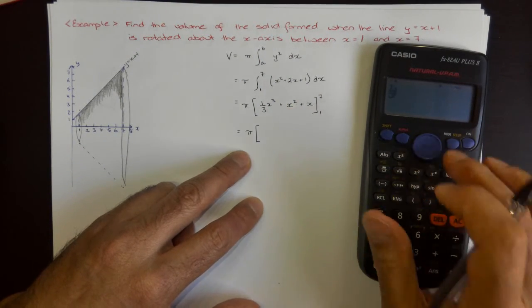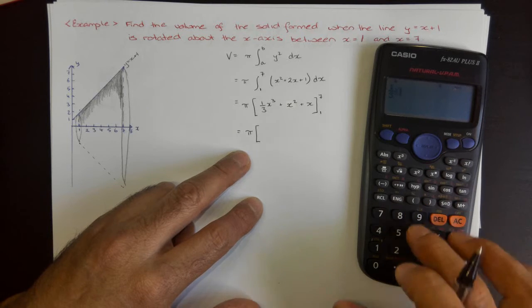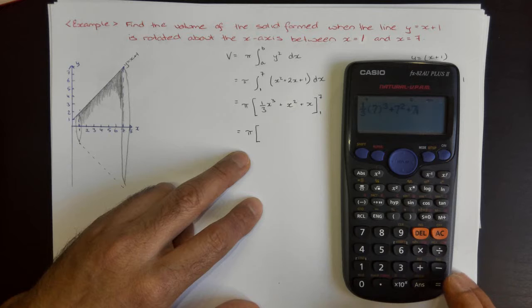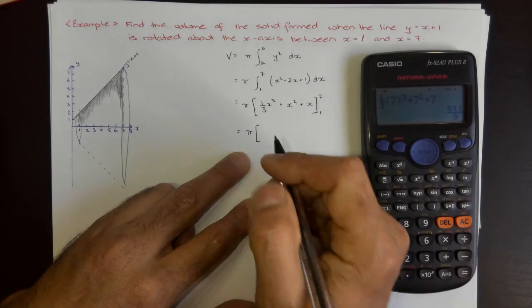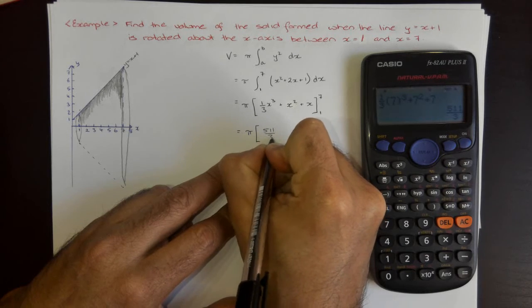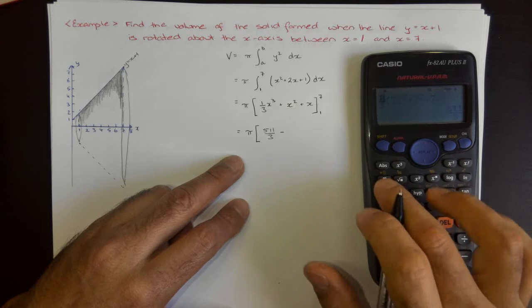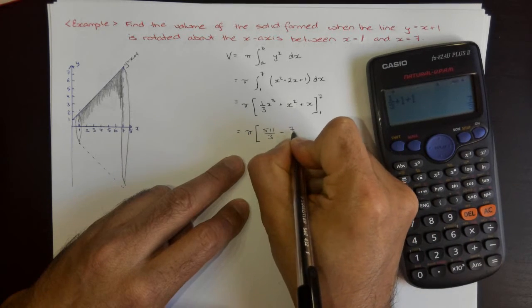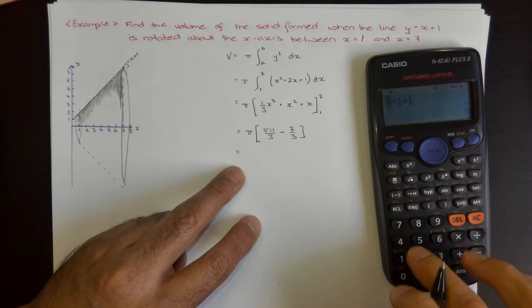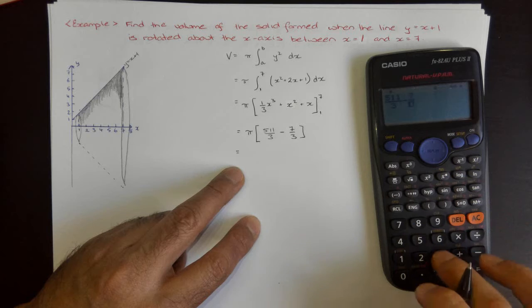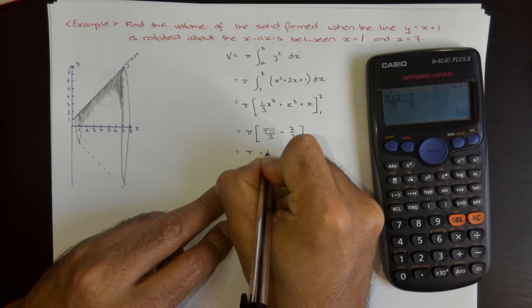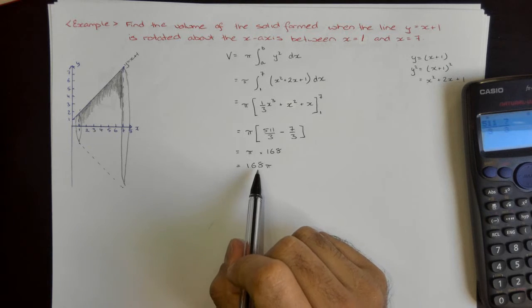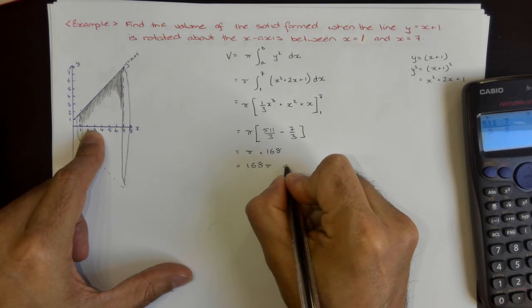So a third of 7 cubed, minus 1. In exact measurements, I got 168 pi, and remember it's volume, so this is going to be units cubed.